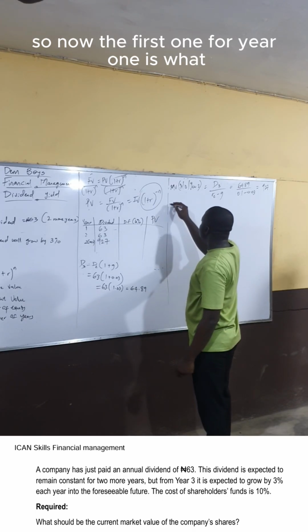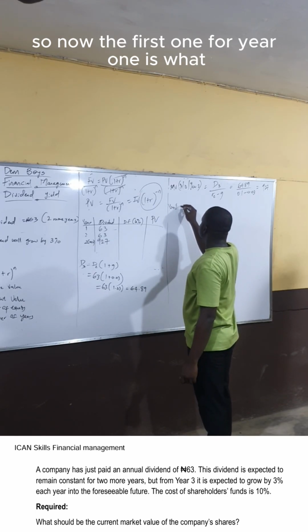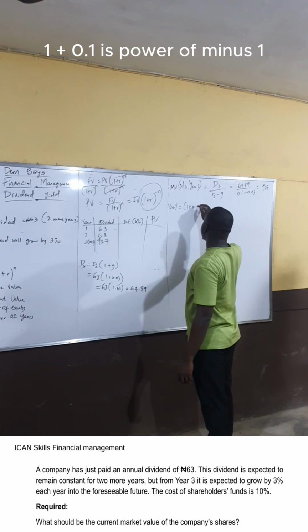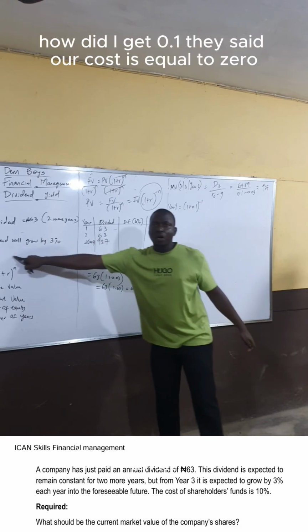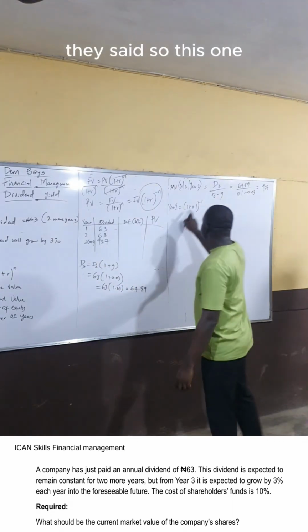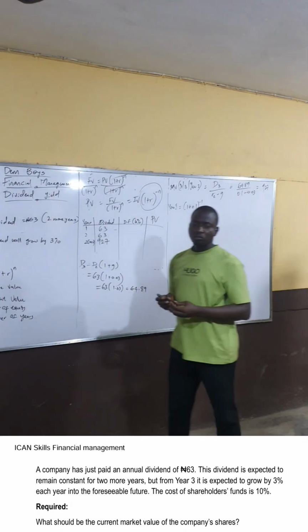So now, the first one for year 1 is 1 plus 0.1 to the power minus 1. How did I get 0.1? They said our cost of equity is the same. So when you do this calculation, what do you have?